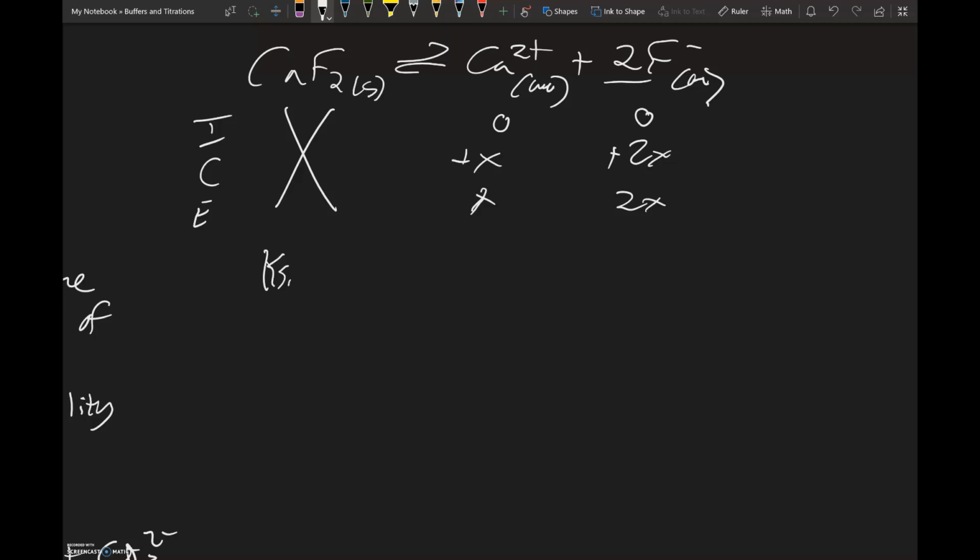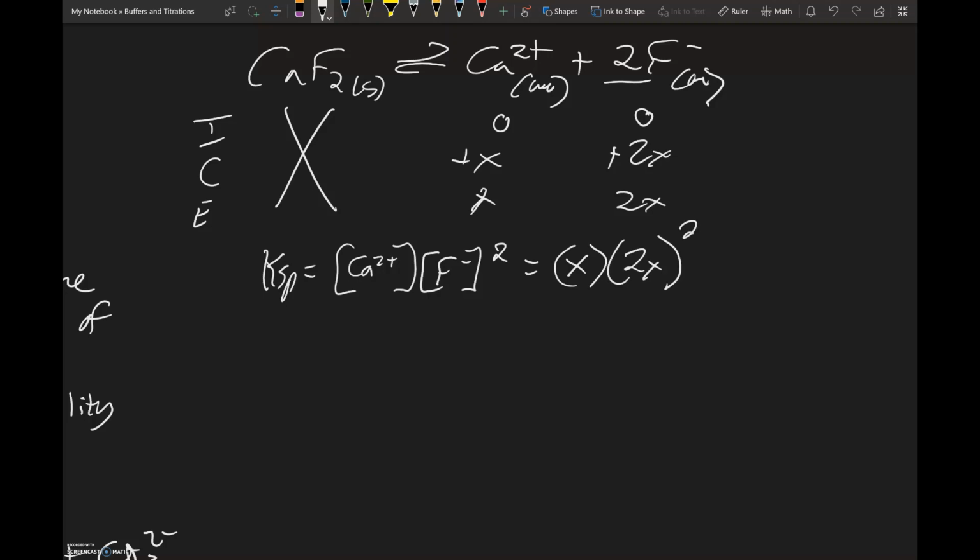So filling in the Ksp is equal to the calcium ions times the fluoride ions squared, which is equal to x times 2x squared. Alright, so the Ksp for that was 1.46 times 10 to the negative 10.